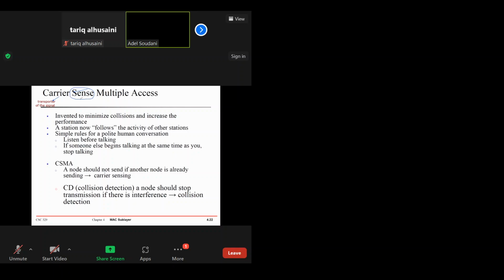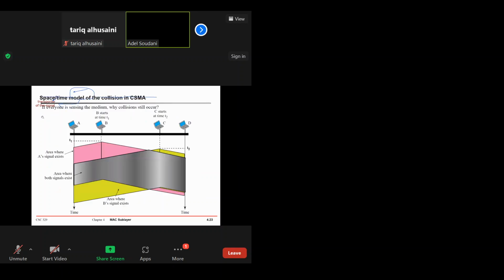Sensing means detecting the transporter of the signal. That's what we call the carrier, to ensure multiple access. So it is a multiple access method that is based on detecting the signal that carries the information. Okay, so that's the meaning of carrier sense.